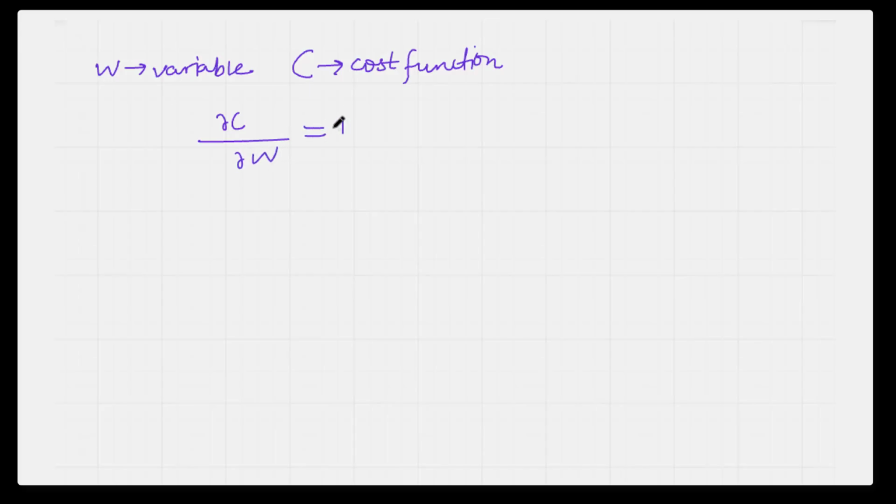Now let's say the cost function of the model has some variable or parameter called w. This is nothing but some variable, and I will use c to denote my cost function. Then the derivative of my cost function with respect to this w, if it is positive, means that if my w increases, then my cost function will also increase, correct?